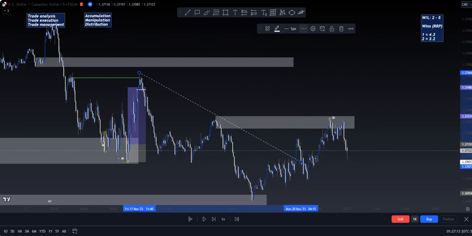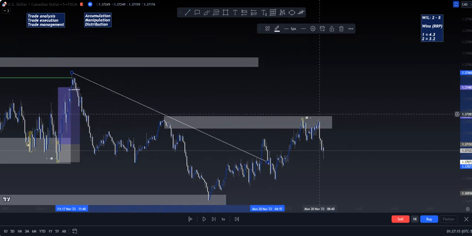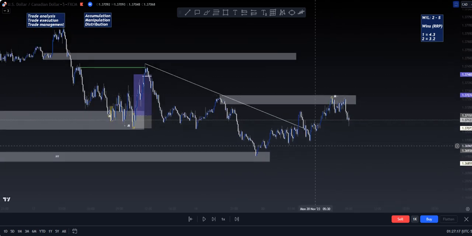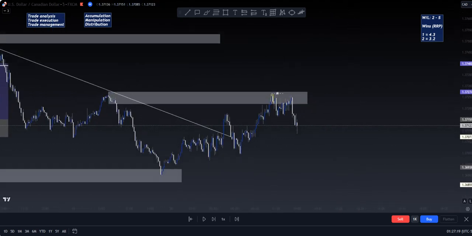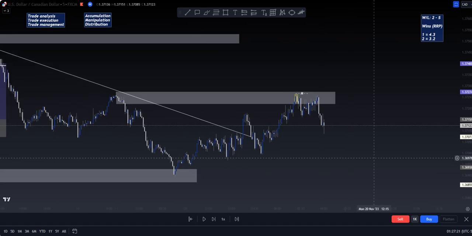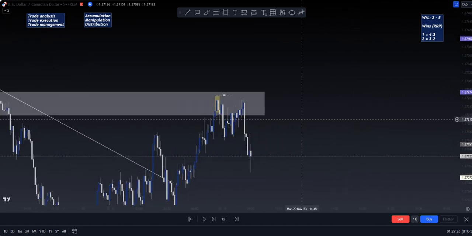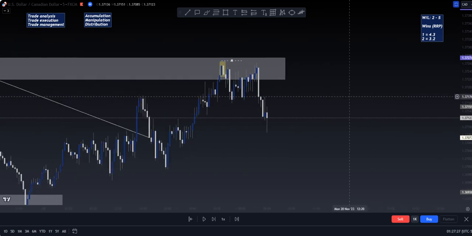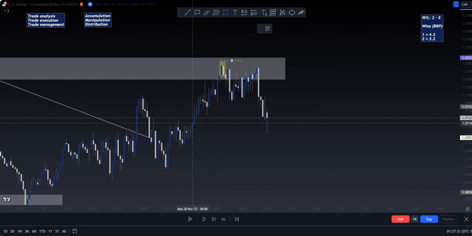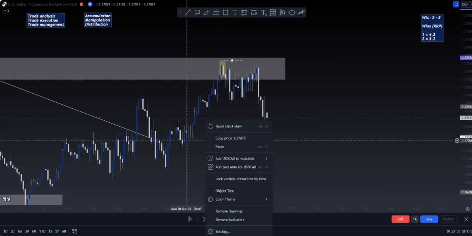All right, at this point, I could say that this trend line is broken. And so whenever a trend line is broken, you can wait for your pullback and take the trade on the way back up. In this case, we have this leg here that started from this point.